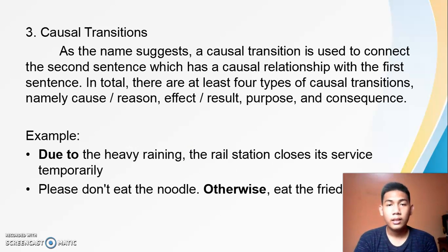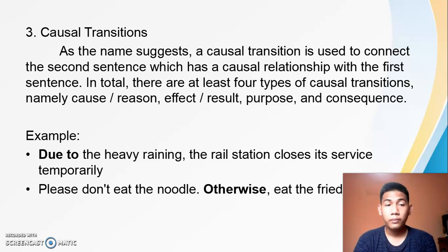Next, causal transitions. As the name suggests, a causal transition is used to connect a second sentence which has a causal relationship with the first sentence. In total, there are at least 4 types of causal transitions, namely cause or reason, effect or result, purpose, and consequence.